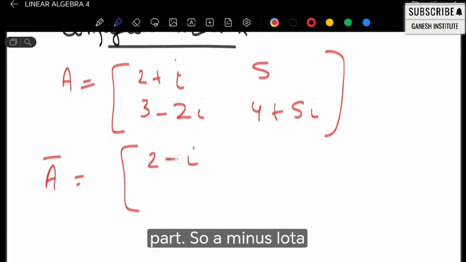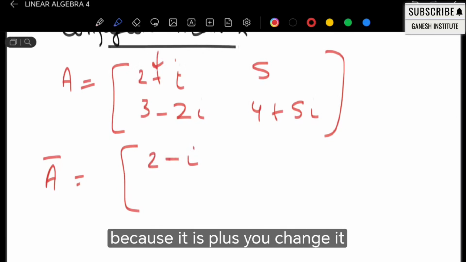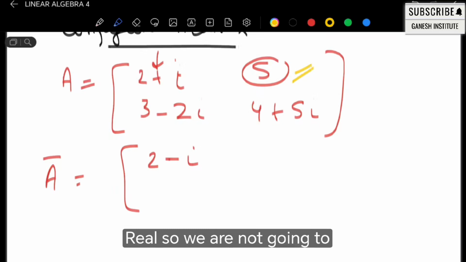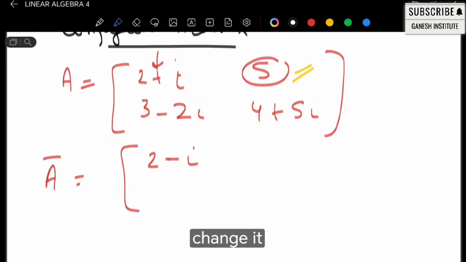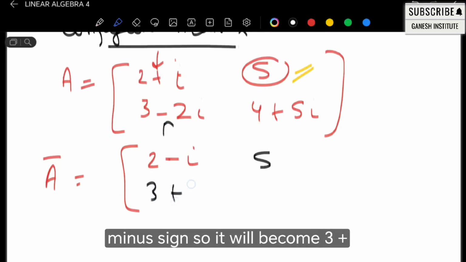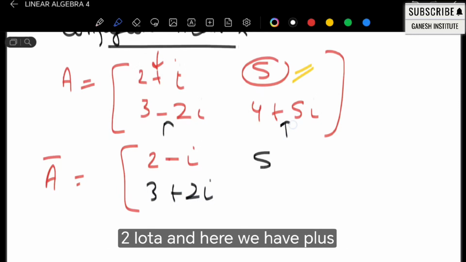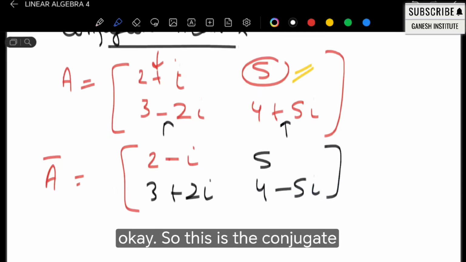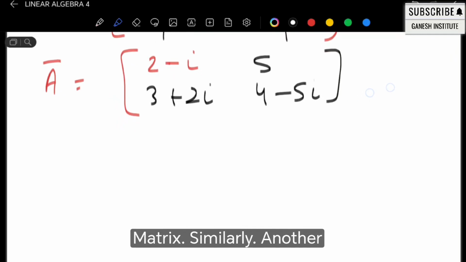So 2 minus iota, because it is plus, you change it into minus. This is only real, so we are not going to change its sign. Then we have here minus sign, so it will become 3 plus 2 iota. And here we have plus sign, so 4 minus 5 iota. Okay, so this is the conjugate matrix.